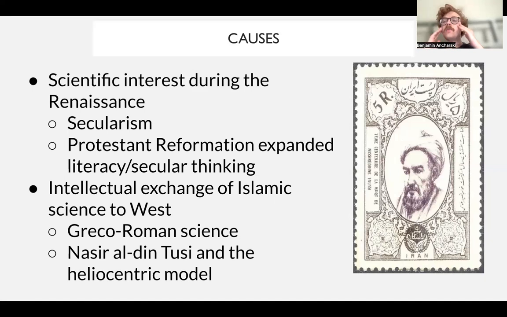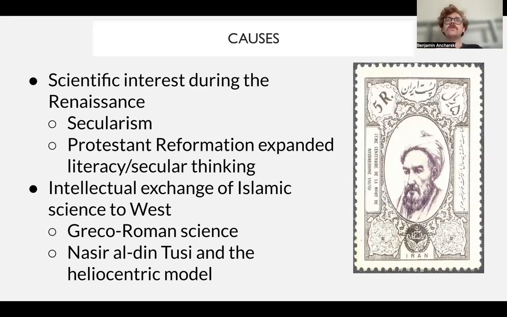Tusi was a Persian scholar, a Muslim scholar, and he's going to develop what is known as the heliocentric model of the universe. The heliocentric model essentially holds that the sun, helio, is at the center of the solar system, of the universe as humans understood it at the time. So the heliocentric model is first discovered in the Islamic world.